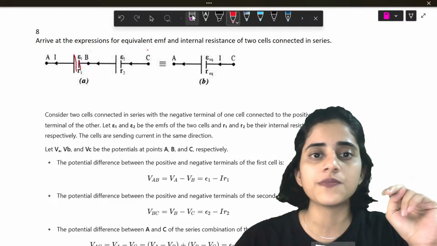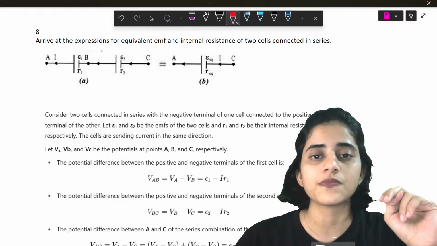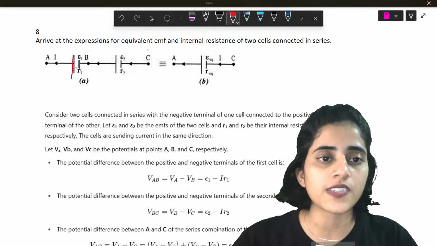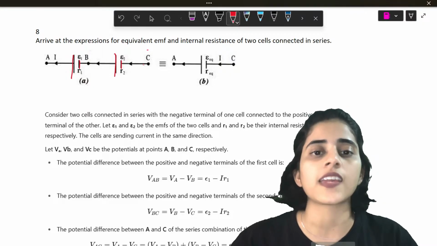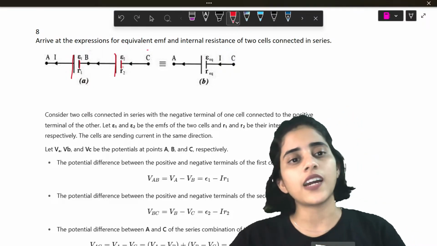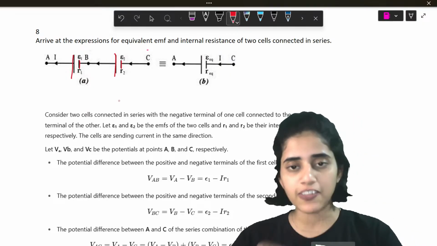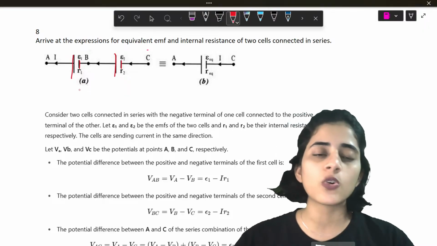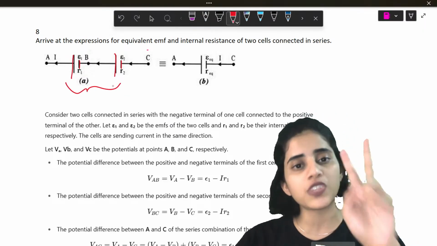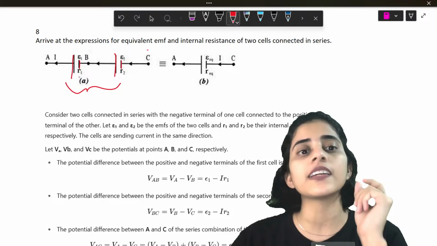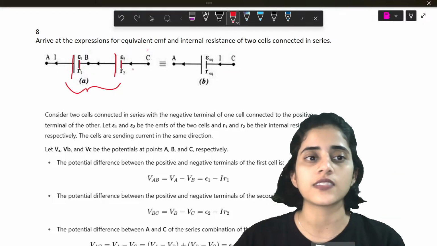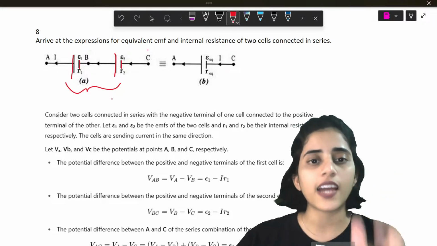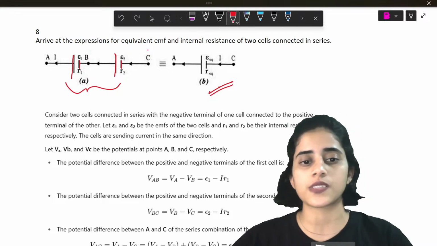This is the first cell. This is the second cell. Now we have to show that the equivalent EMF, which means the EMF of these two, and the internal resistance, is equal to this.